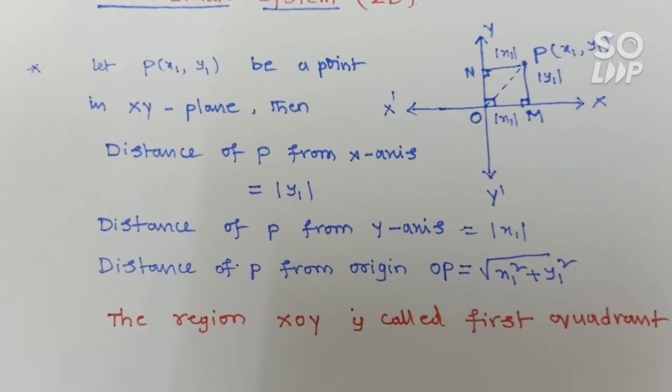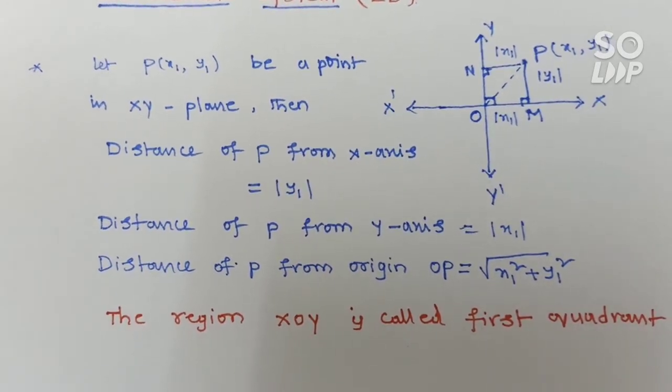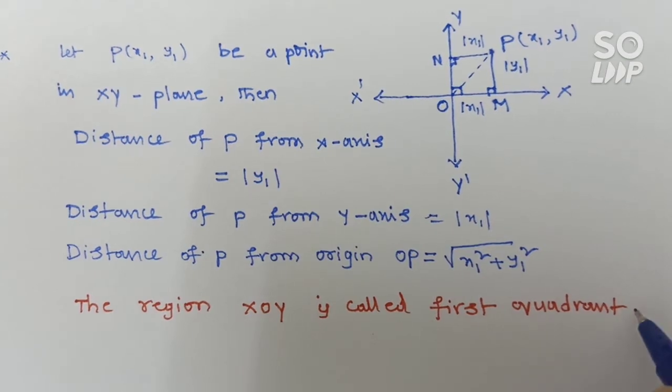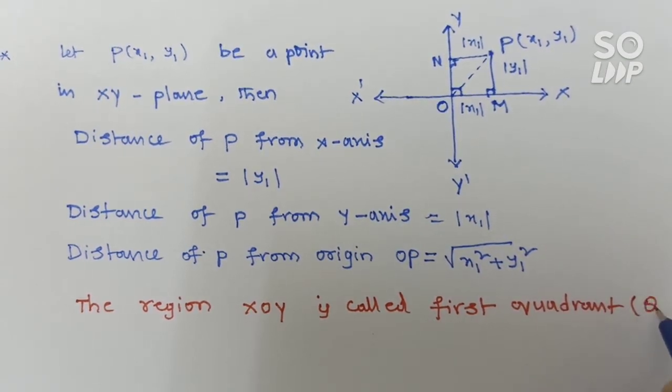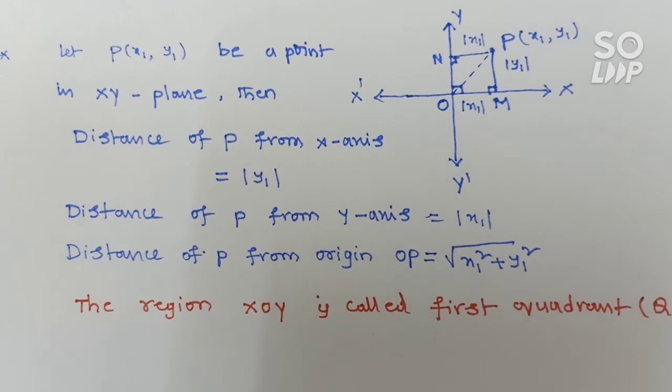It is denoted by Q1. So here I will write in the bracket, this is denoted by Q1.